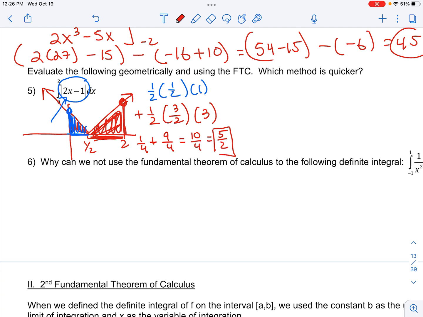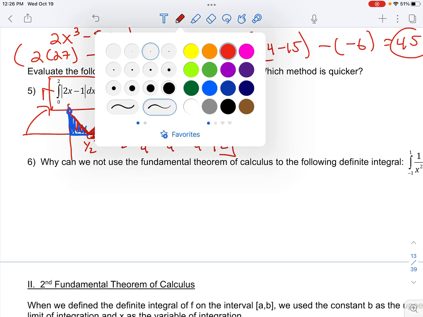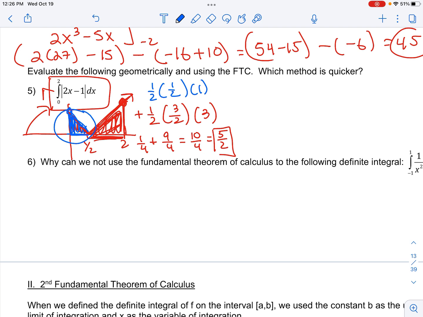Now, if you choose to do this algebraically using the fundamental theorem, we do not have a rule for taking the antiderivative of the absolute value. You basically have to think about the two different lines and split it up. So this line right here is really the opposite scenario. That's going from 0 to 1/2 of the opposite of that 2x minus 1 graph.